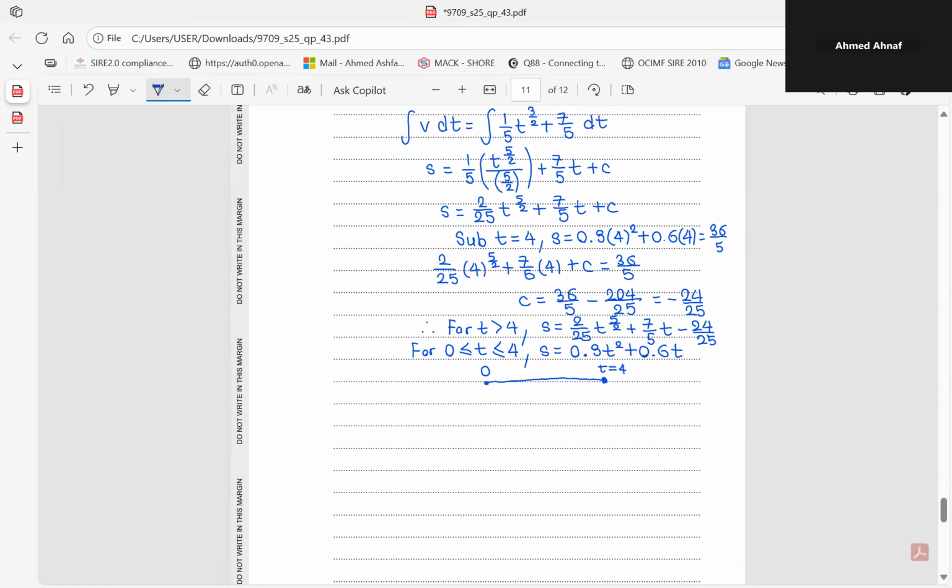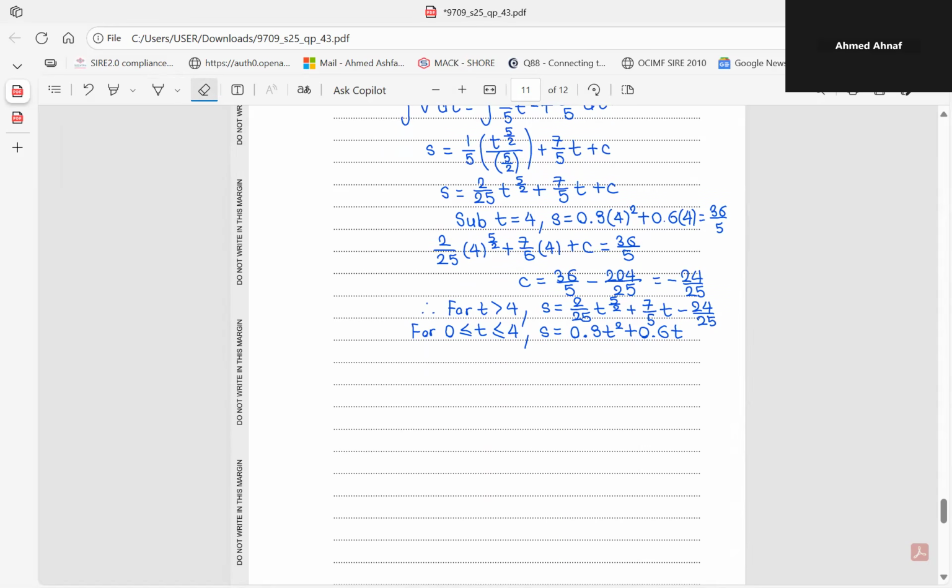As you can see, there were no turning points. So we can just directly substitute t equals 16 into the first formula that we wrote.